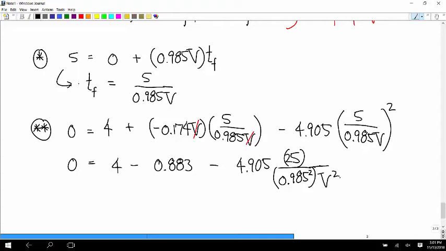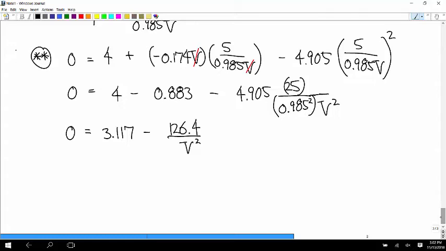What a mess. So that gives 126.4 over V squared. And now we just have to solve that.